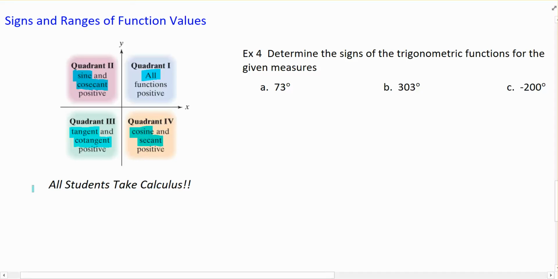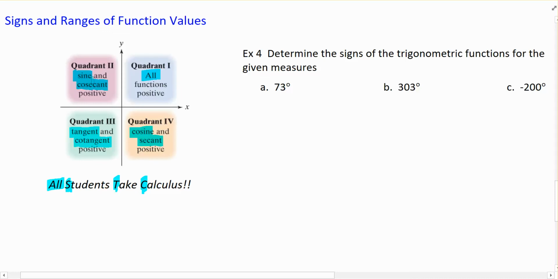There's this little phrase that says, all students take calculus. And remember, if I move positively, then I'm going counterclockwise around the circle. So as I move counterclockwise and enter these different quadrants: All, if I'm in the first quadrant, everything is positive.